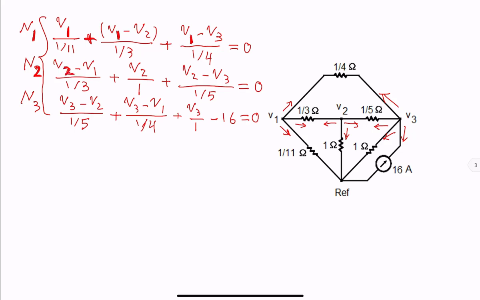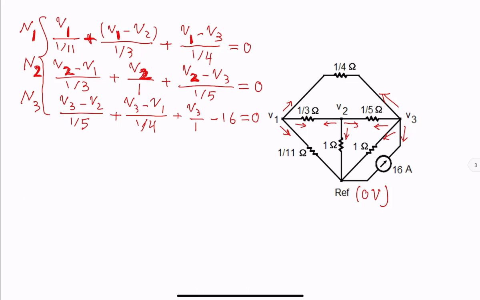So positive V2, positive V2, positive V2. So if we had for the last time V3 minus V2, we could quickly notice that we have a mistake there. A reference 0 volts, everything is compared to that.